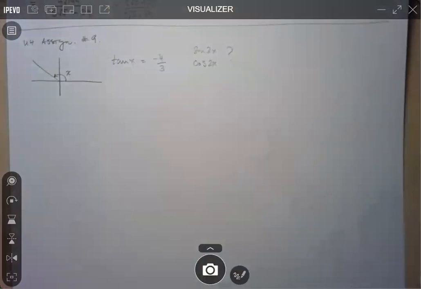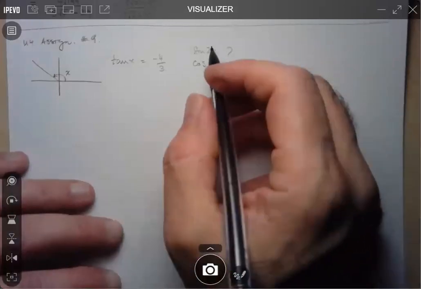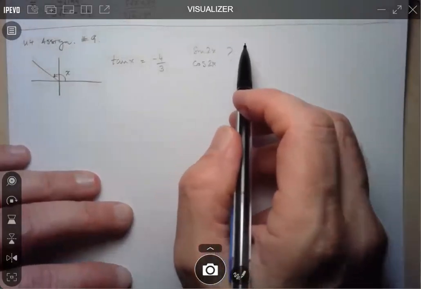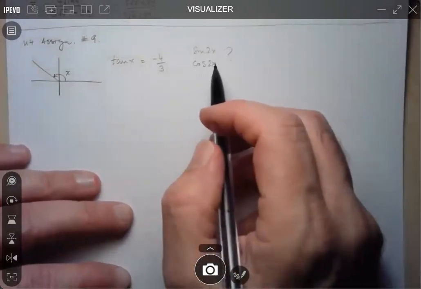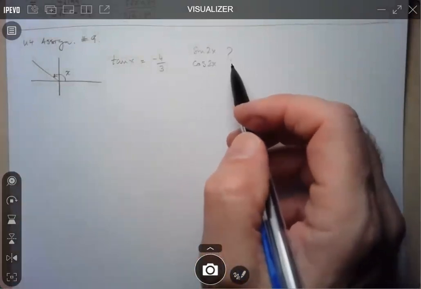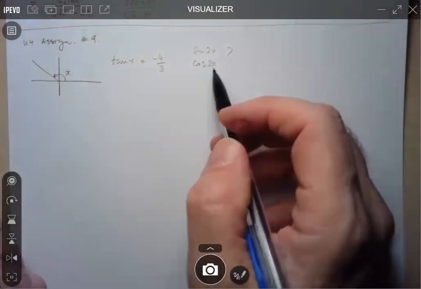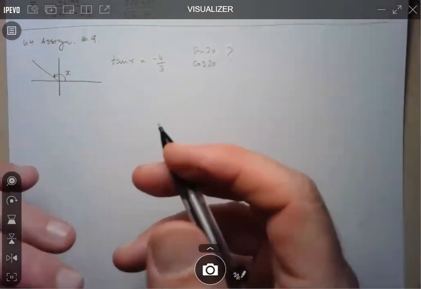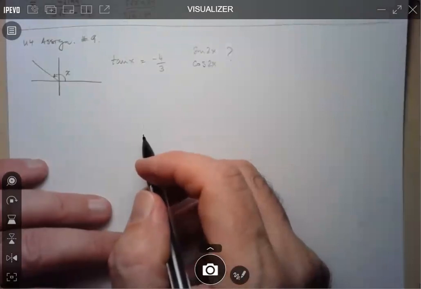Okay. And here, this is actually in some ways looks like it might be an easier question than number 8. Because I know if I want to calculate sine 2x, I can do that by finding 2 sine x cos x. And then cos 2x, well, I can choose any of the 3 possible versions of that formula, but in the end I'm going to need to find sine and cosine of x.